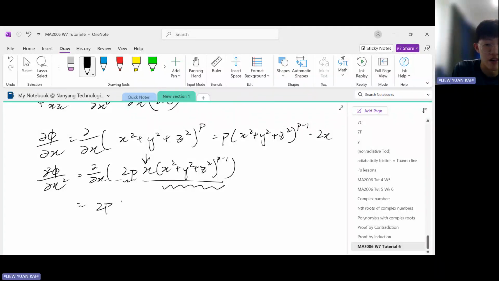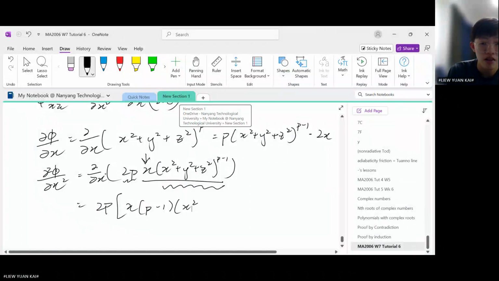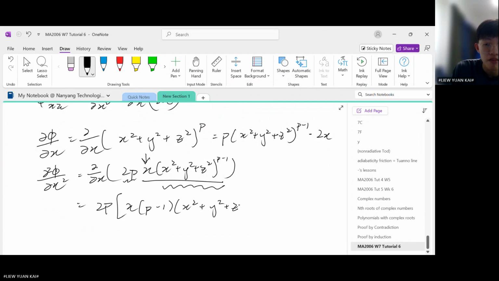Okay, so it's going to be very long. So we keep differentiating. Let me see what I did. Power brought down, power minus 1, times the differentiation of the inside.